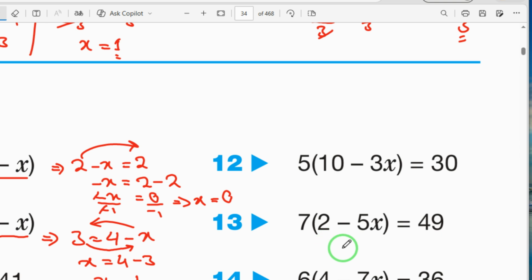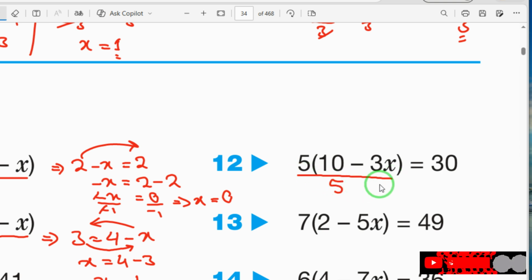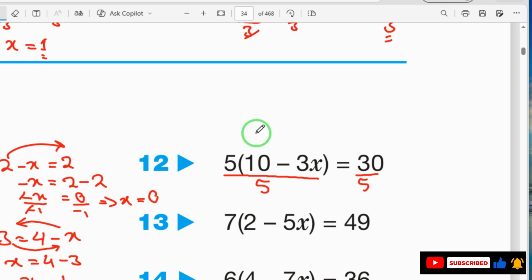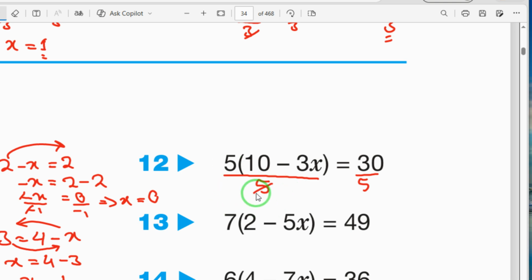Question number 12. As well, first we divide by 5. Here we first simplify by 5. 1 times 5 is 5, 1 times 5 is 5.